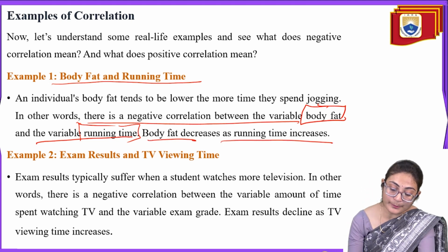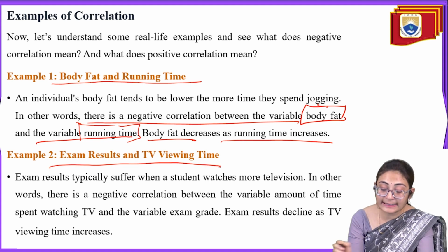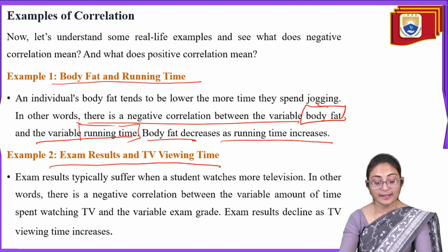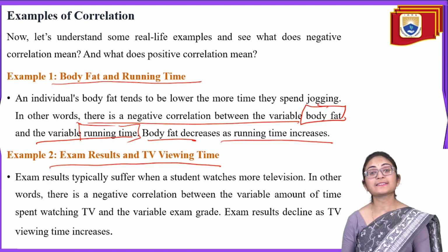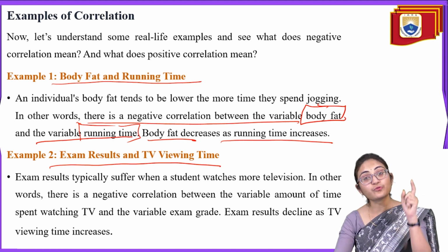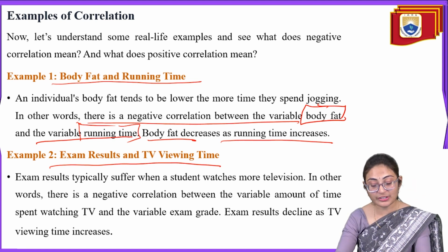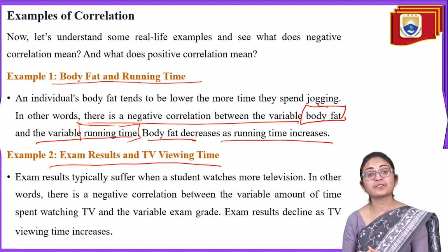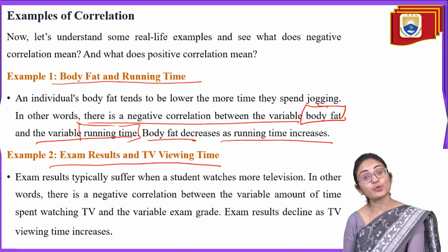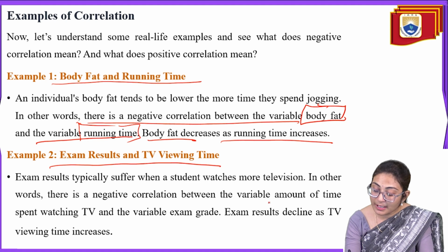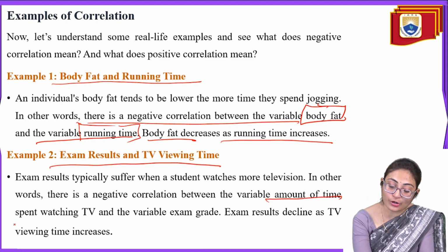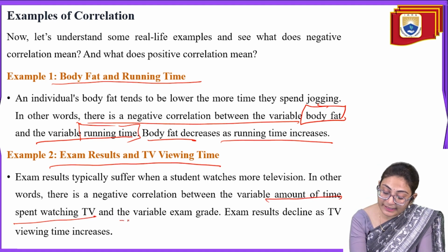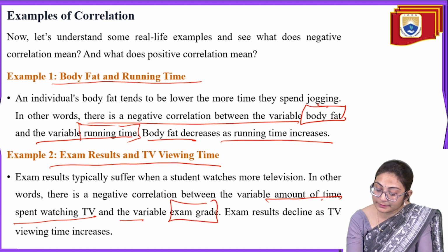Then after that, exam results and TV viewing time. Exam results typically suffer when a student watches more television. In other words, there is also a negative correlation between the variable amount of time spent watching TV and the variable exam grade.